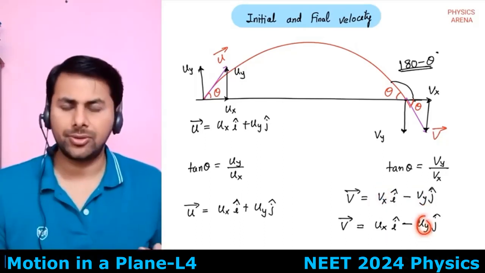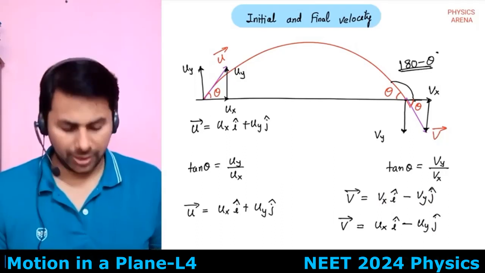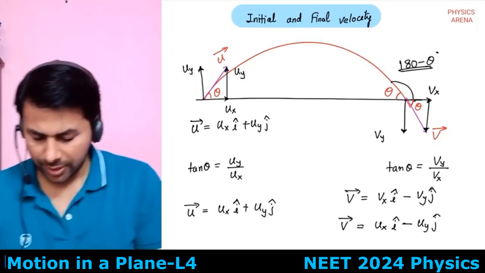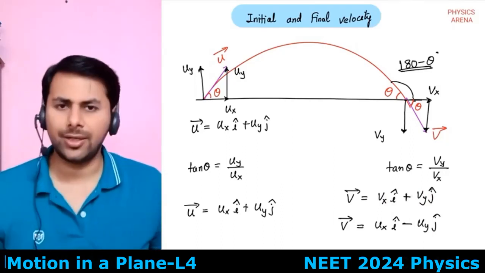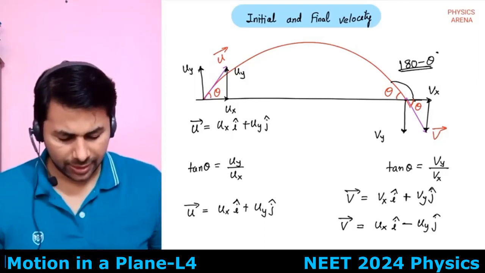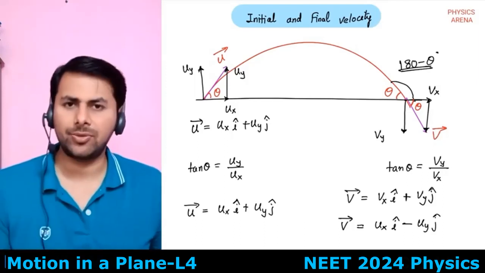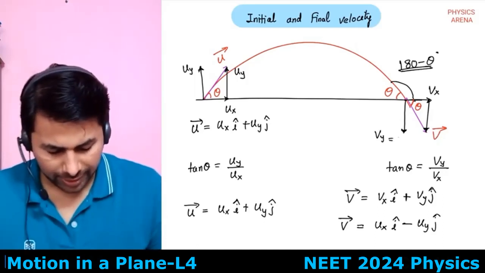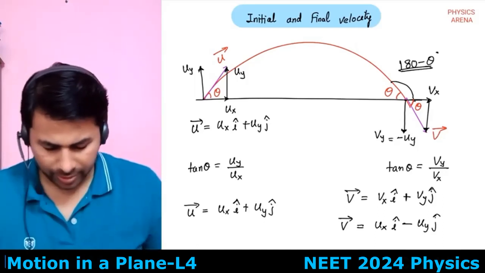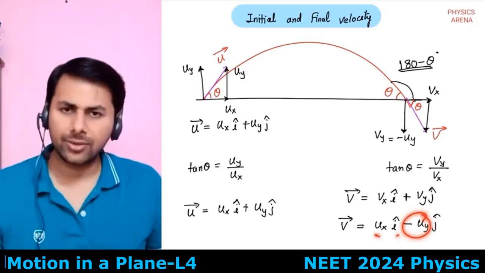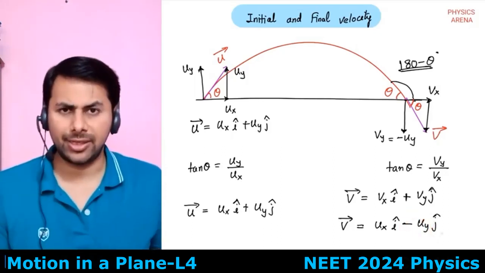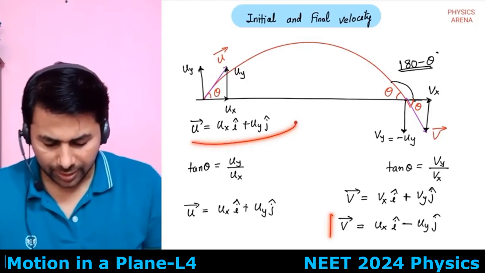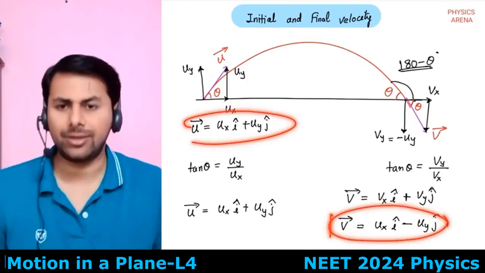It will be equal to uy only. Vx is ux, and I can say that vy will be equal to minus of uy. So it comes out to be ux into i cap minus uy times j cap. So this is the relation between the initial velocity and final velocity.